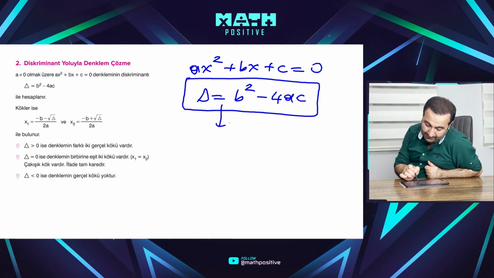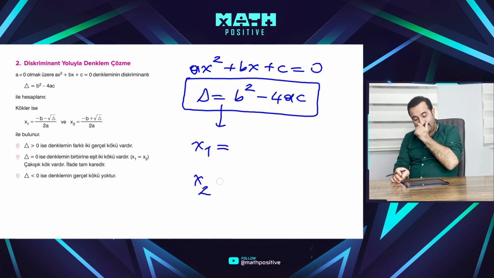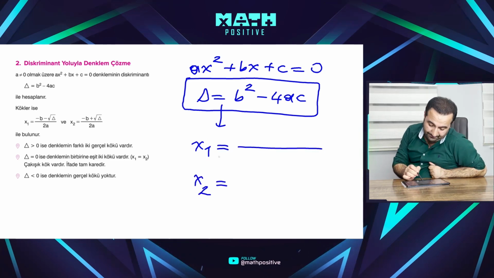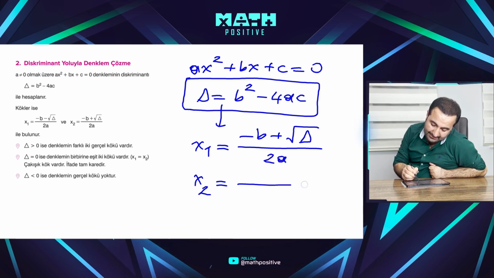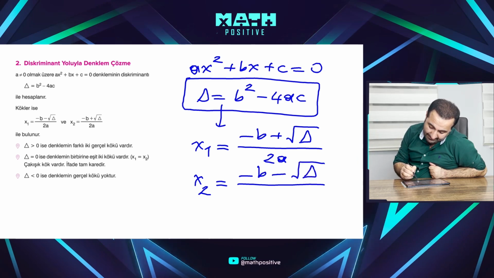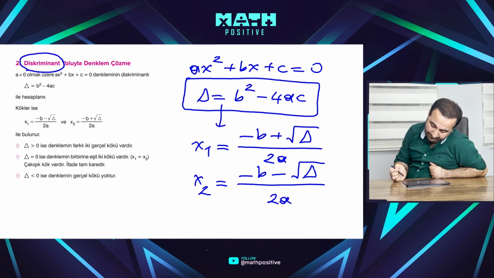This is the discriminant of this expression, and we have our roots, say x1 and x2, where x1 equals minus b plus square root of discriminant over 2a, and the other one x2 equals minus b minus square root of discriminant over 2a.